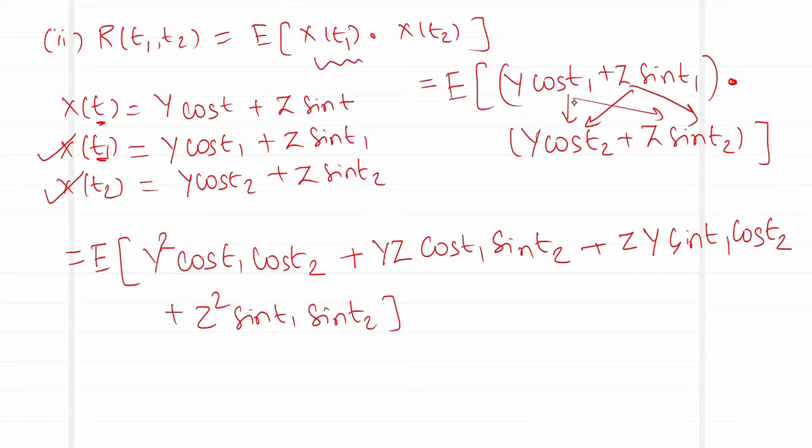Now, this product has given us 4 terms. Let us expand this expectation, since by linearity, I can make it as 4 different terms.